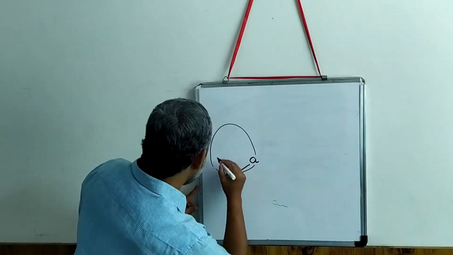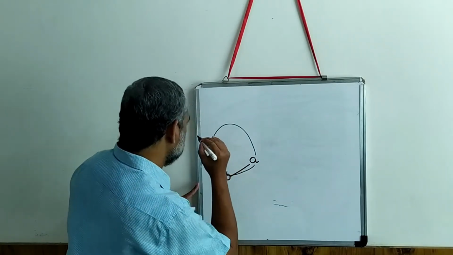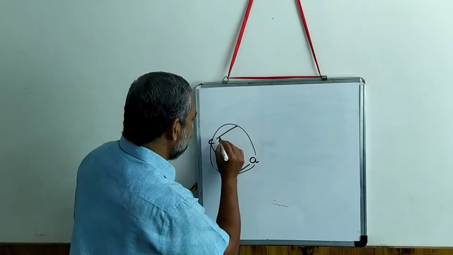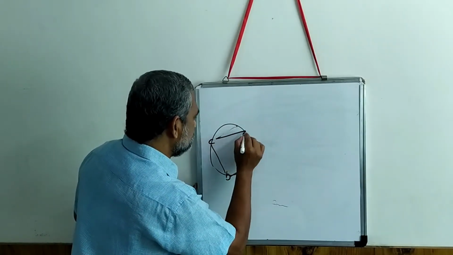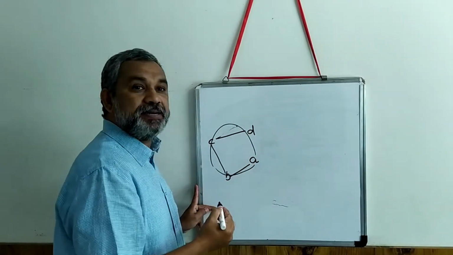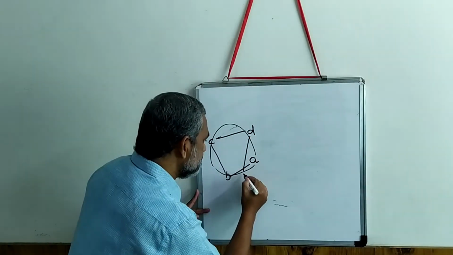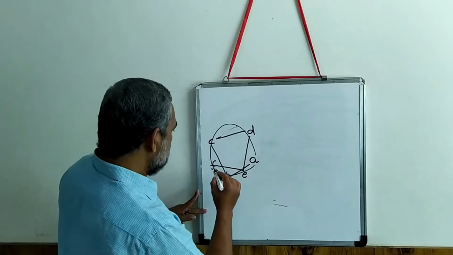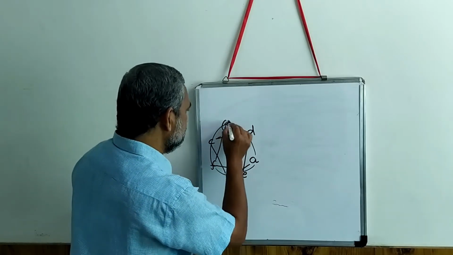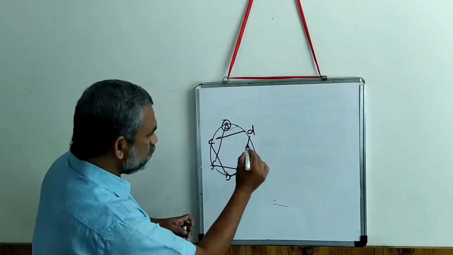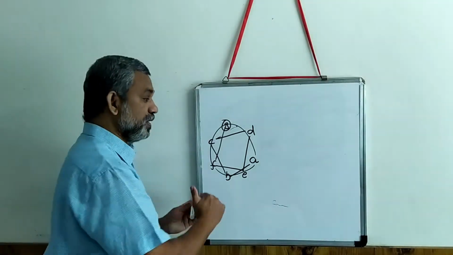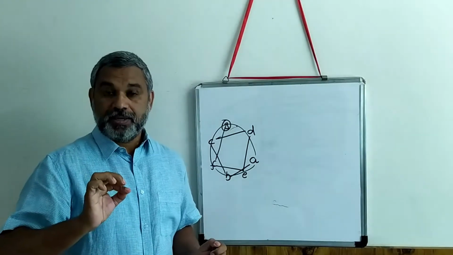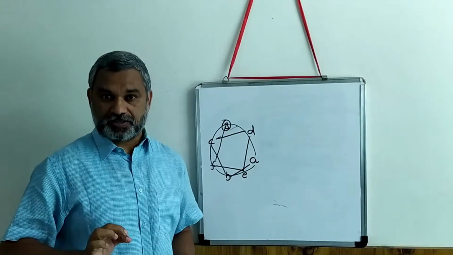C will be here, D will be here. Now E will be here, F will be here, and G will be here. So 7 amino acids are arranged. This forms one coil, one alpha helical structure.